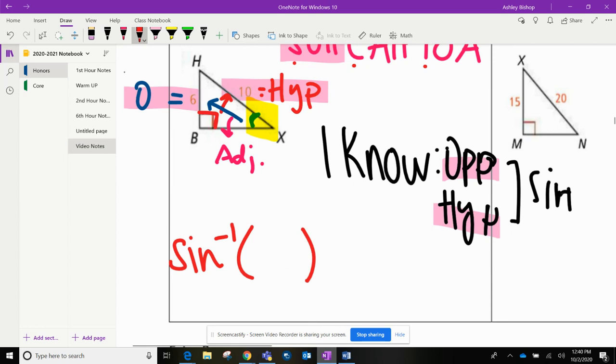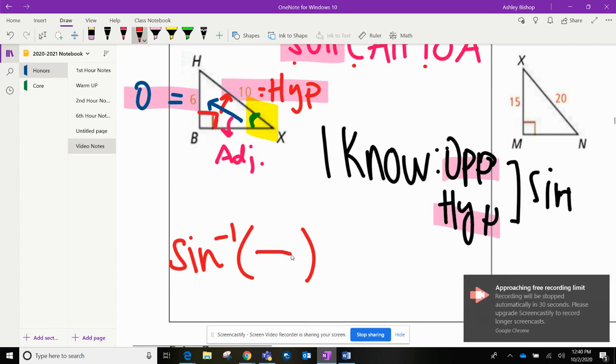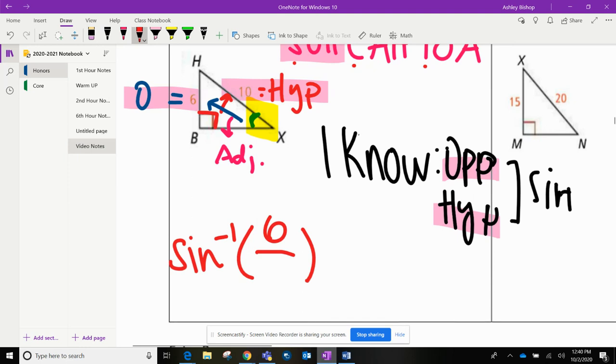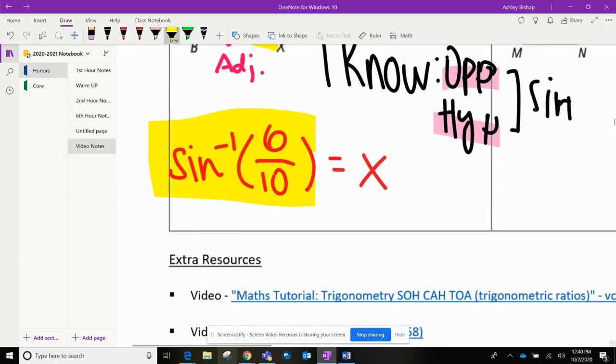So we're going to do the opposite of what we usually would do, and we're going to put our fraction in these parentheses right here. So the opposite is 6, and the hypotenuse is 10, and that's going to be what X is equal to. Then we are going to put this in our calculator exactly how we see that, and I will explain in the next video how to do that in your calculator.